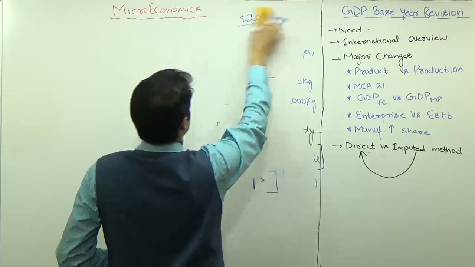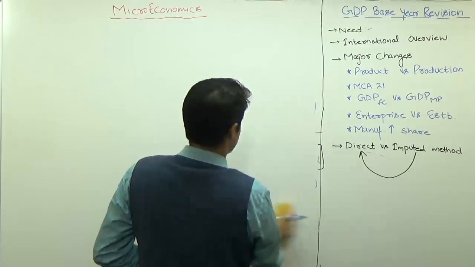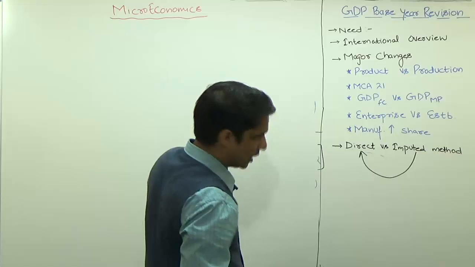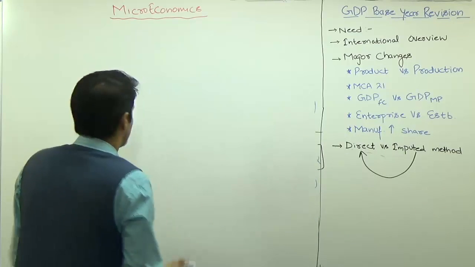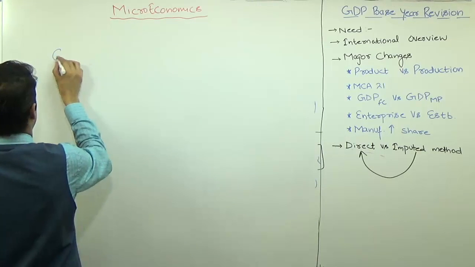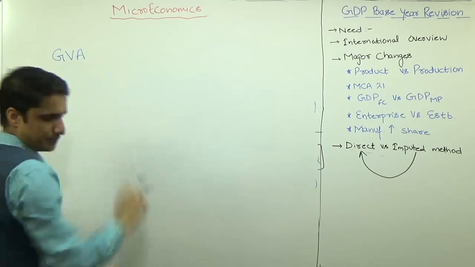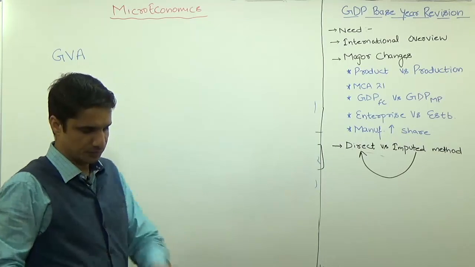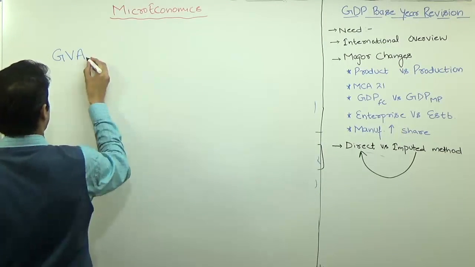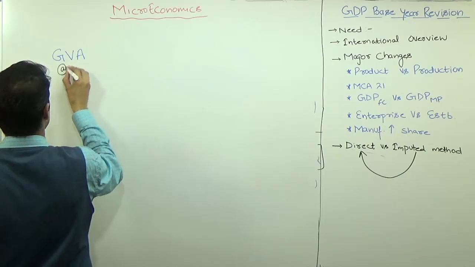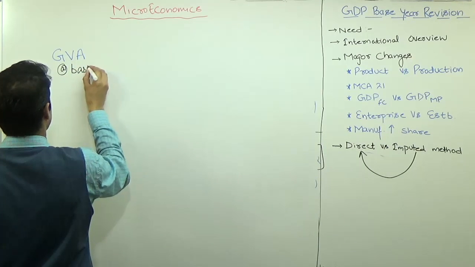Then we have this new concept, that is gross value added. Earlier we had GDP. So now a new concept has come, gross value added. Gross value added at basic price.